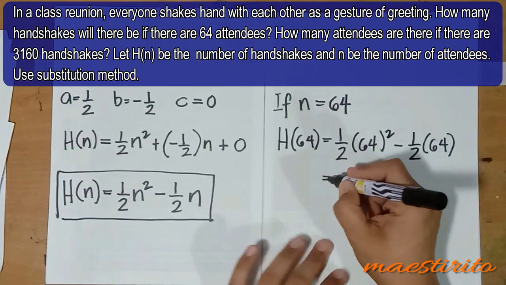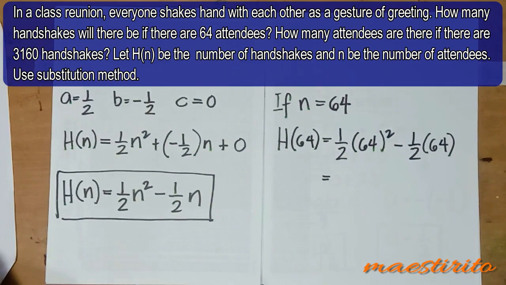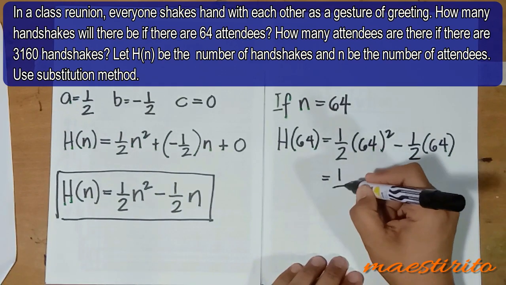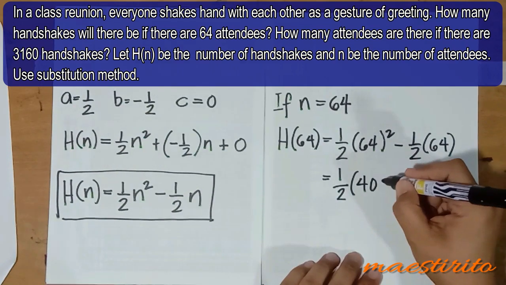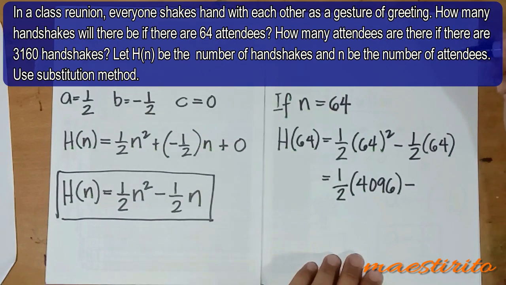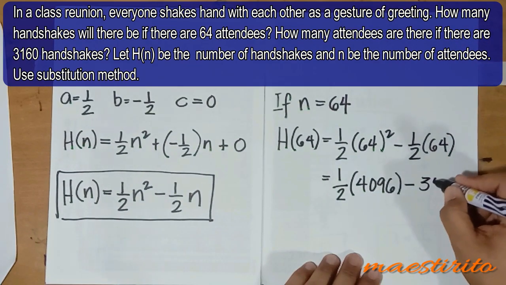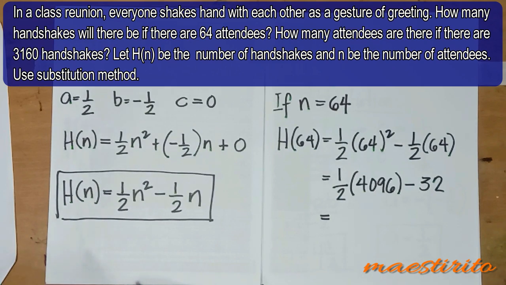Okay, so by solving further, 64 squared will give us 4,096. So that's 1/2 of 4,096 minus the 1/2 of 64, which is 32. So what is 1/2 of 4,096?